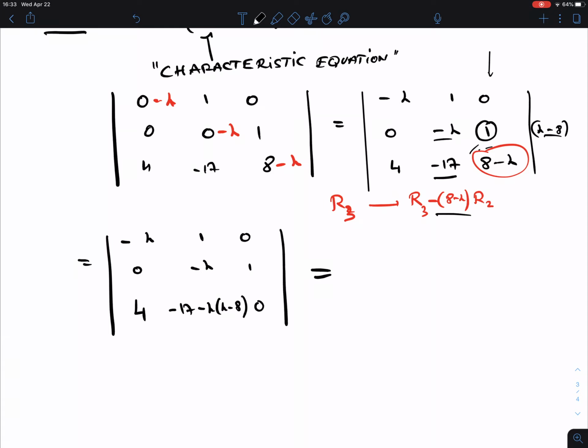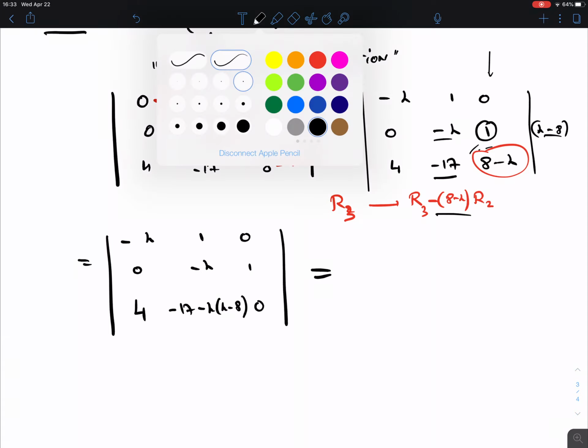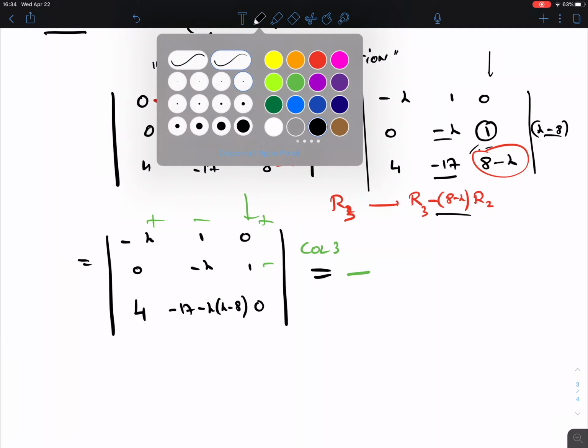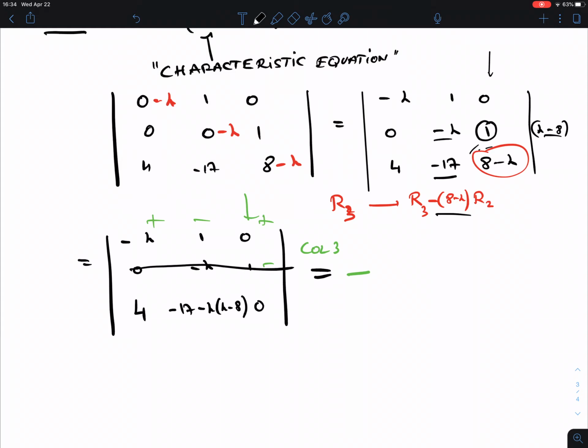Good. So for the determinant, we're going to do a column 3 expansion. We have to do plus, minus, so it's going to be a minus, although this is actually not relevant, but we want to be correct. So we can scratch this out, and we find minus lambda, 1, 4, minus 17, minus lambda squared plus 8 lambda.